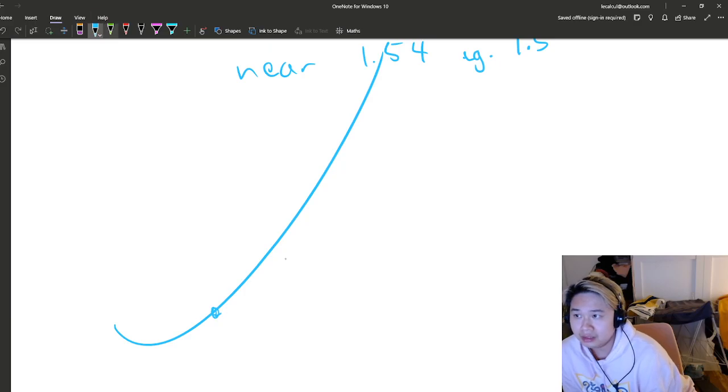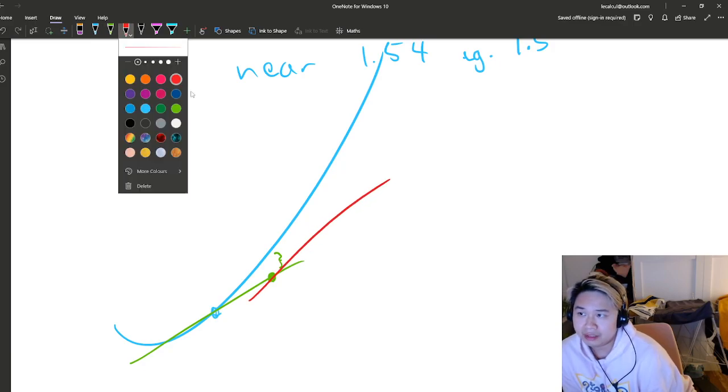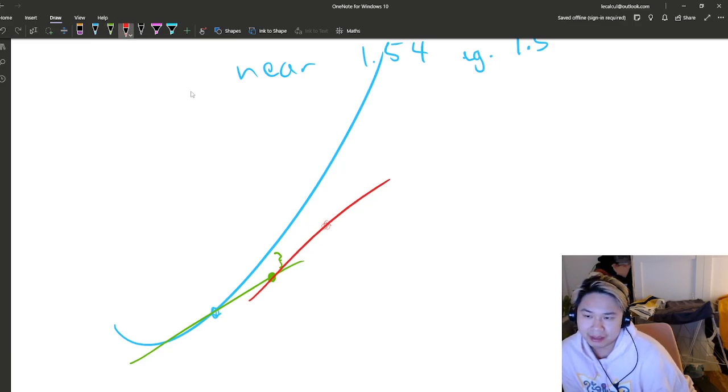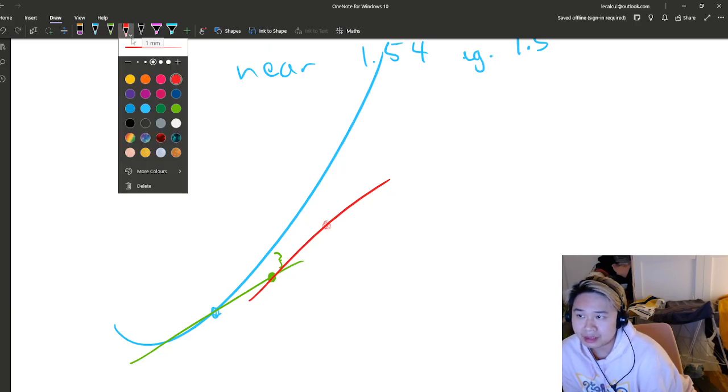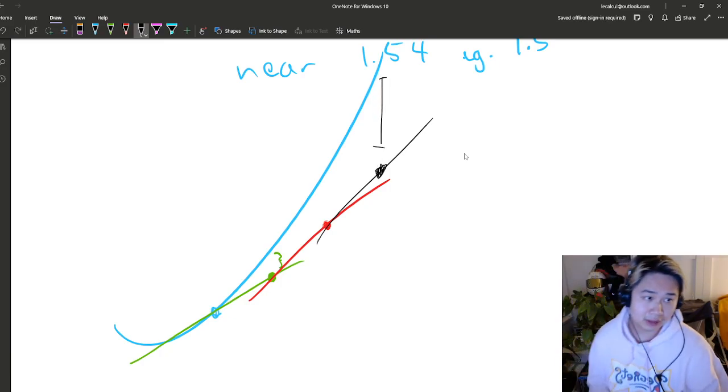So if you start here, you get a little slope, and then you would use this y, which is already going to have an error, and then you calculate the slope again, and then what happens is you're just going to propagate more error as you step out, because Euler's method is a linear approximation and your graph is nowhere near linear. It's going to be asymptotic growth. So if you just keep doing this, it's going to get worse and worse. Like look at the huge difference in the true y value and then your approximation.